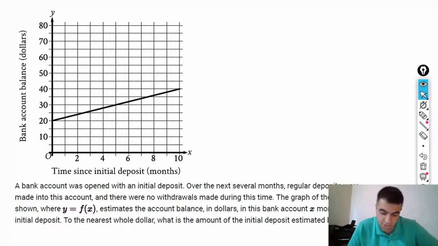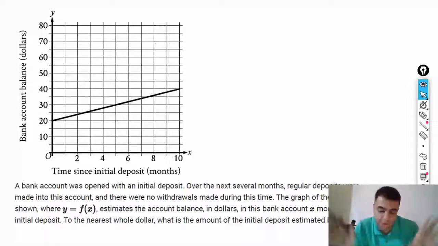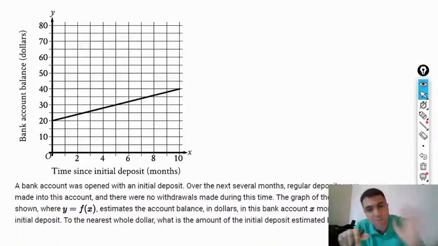Let's change this question. No, let me read for you. I can't change the position of my picture here. Okay, I am reading. The bank account was opened with deposits made into this account.